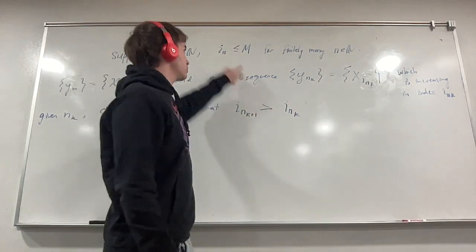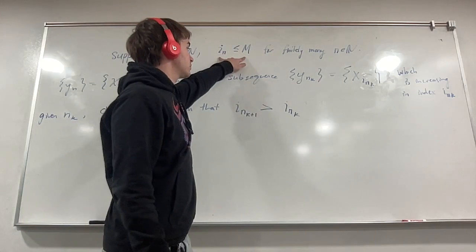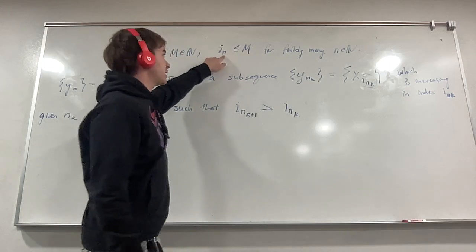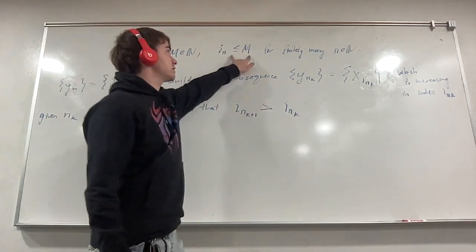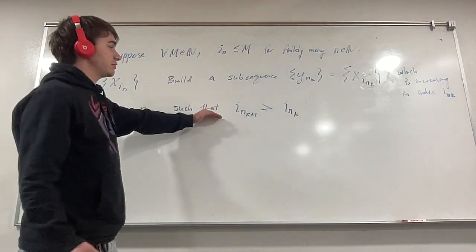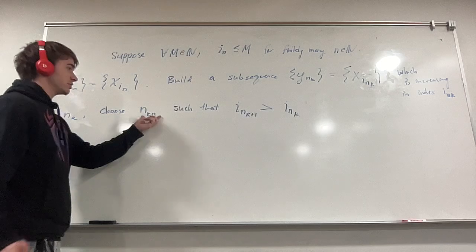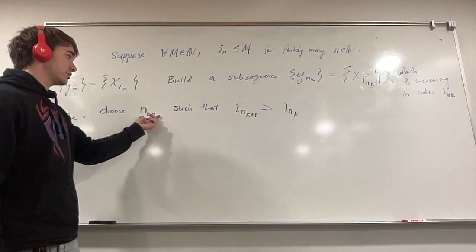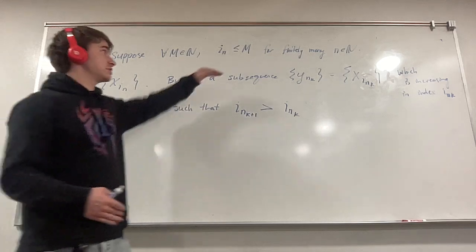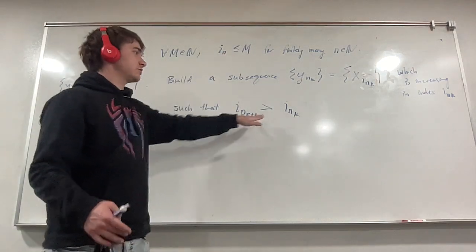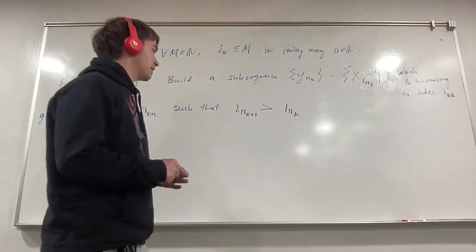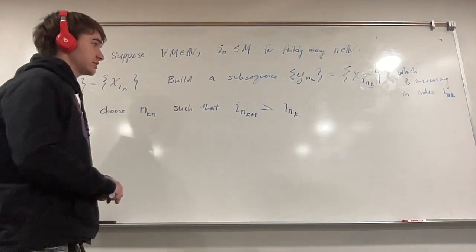This is possible because there's only finitely many n such that I sub n is less than or equal to m. So this is like the negation of this statement. We're guaranteed to be able to choose this n sub k plus 1 because there's infinitely many choices and only finitely many choices which prevent us from finding an I sub n sub k plus 1 that's greater than I sub n sub k.